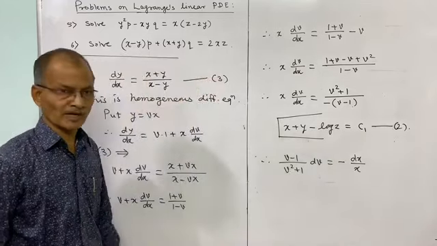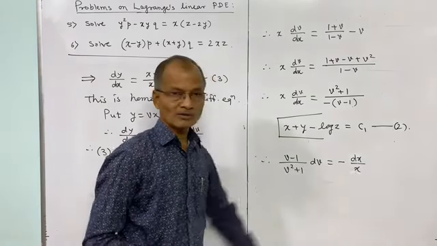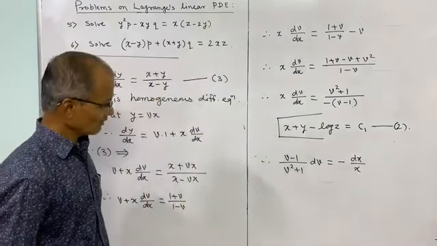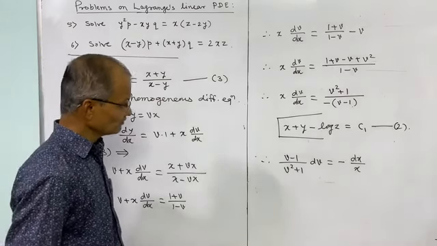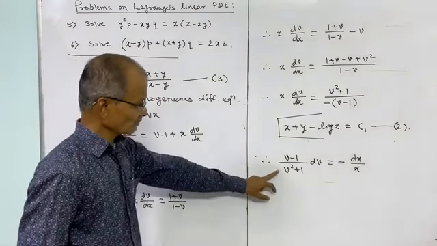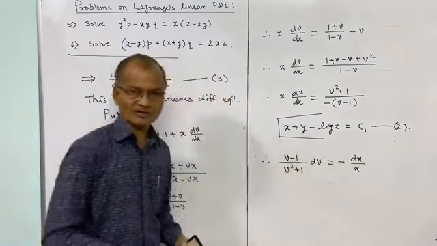Now it is in separate variable form, function of v into dv, function of x into dx, and therefore we can integrate. But before integrating, we should do the adjustment for this term, and this can be written by separating the parts of the numerator.